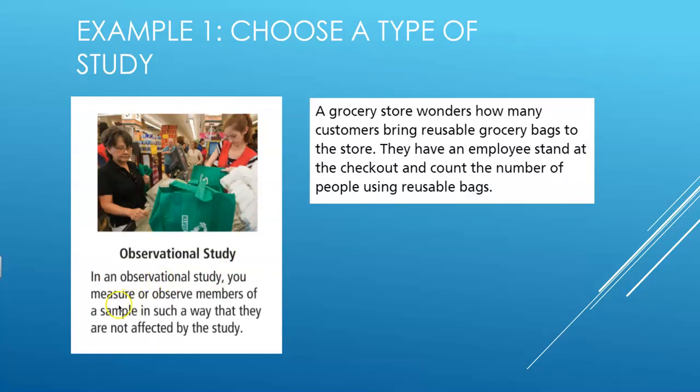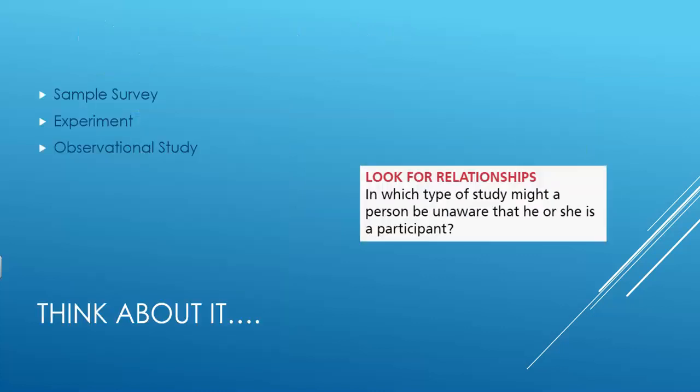In an observational study, you measure or observe members of a sample in such a way that they are not affected by the study. So life is going on all around, and someone is just observing what is happening, and they're using the data that they collect to possibly make some conclusions.